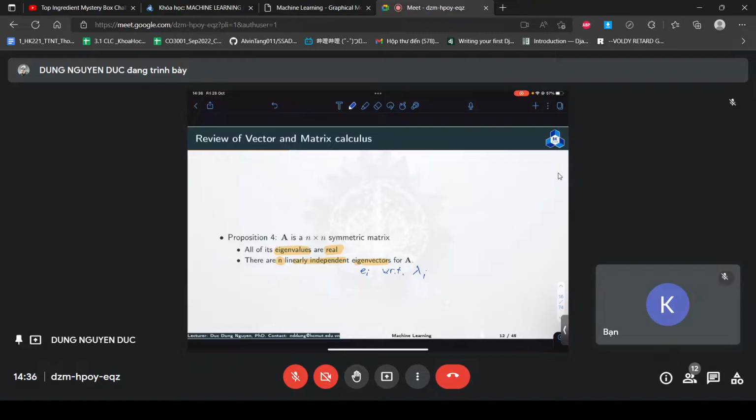Okay, suppose that Ei is an eigenvector with respect to lambda i. Then what you see here is that, what is linearly independent? Linearly independent means Ei is, well, what can I say? Okay, it goes like this.